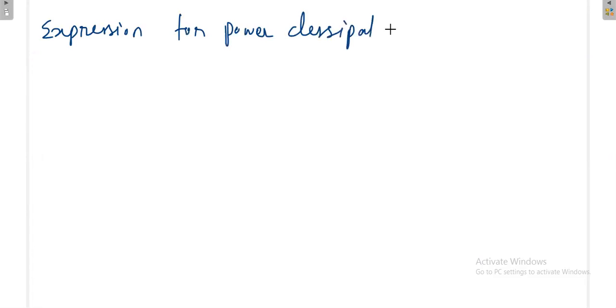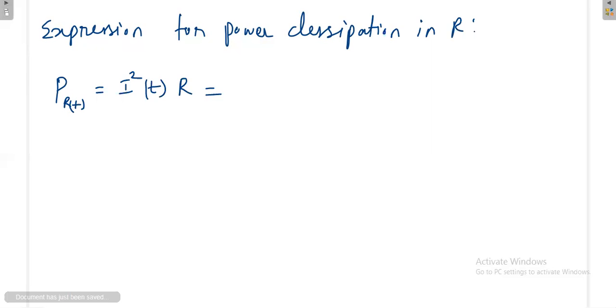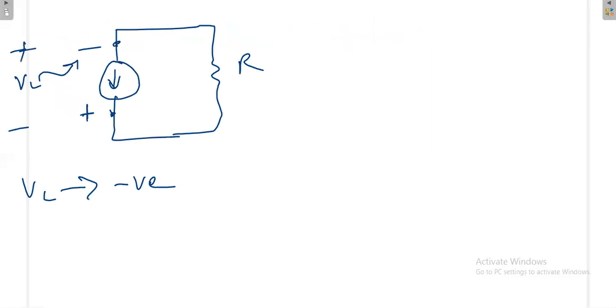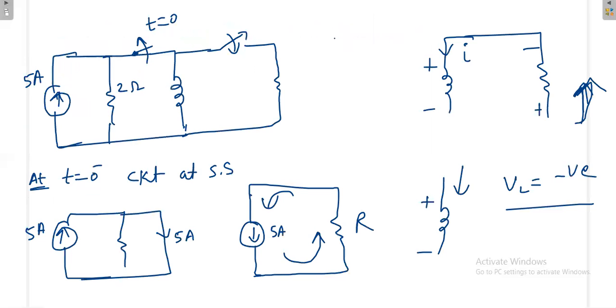Expression for power dissipation in resistor. That is P_R(t) is equal to i squared(t) R. What is the value of i squared(t)? The current through the resistance, current is flowing like this.